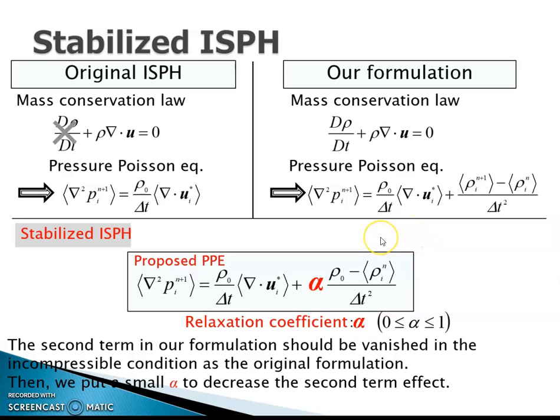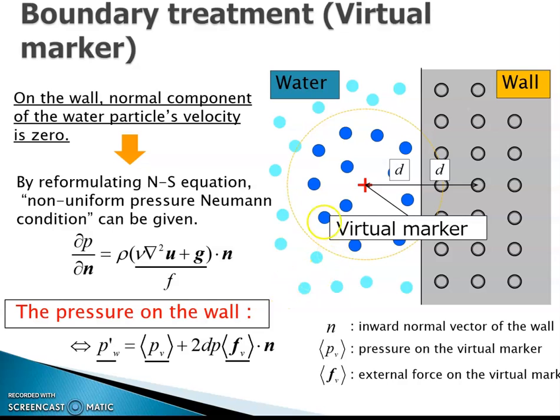On the other hand, our formulation allows compressibility in the mass conservation law, and we get different source terms in the pressure Poisson equation. Then we put a small alpha here to decrease the effect of the second term, and alpha is assumed to be 0.01 empirically.